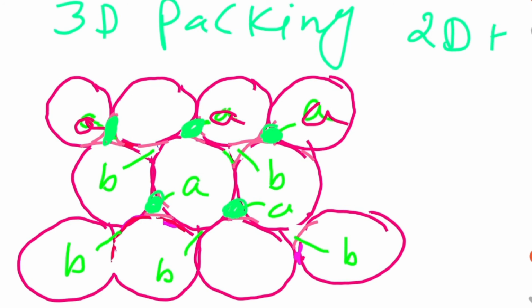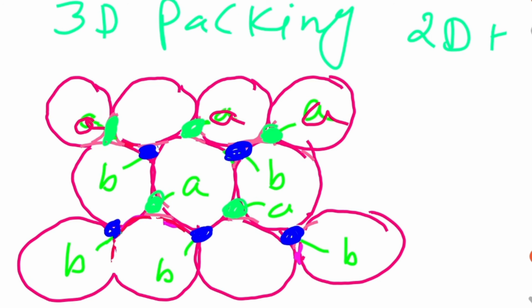Now where the blue color is, let it be blue color, they are the downside voids. See, this is there, and this is there. Okay, now you understood my point.